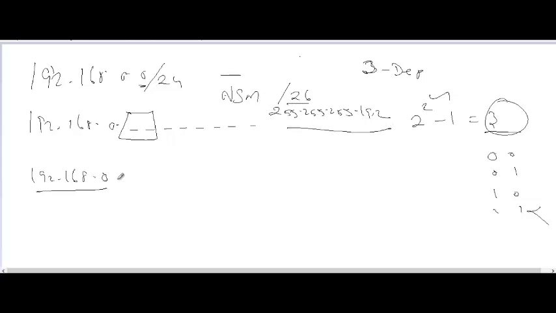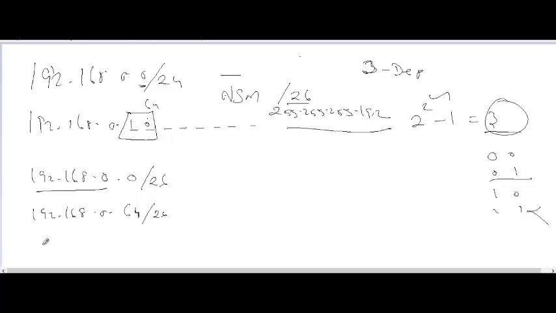The second subnet will be 192.168.0. You see 10. When you say, sorry, 01, then this is 64. 64/26. And next is 10, which will be 192.168.0.128.